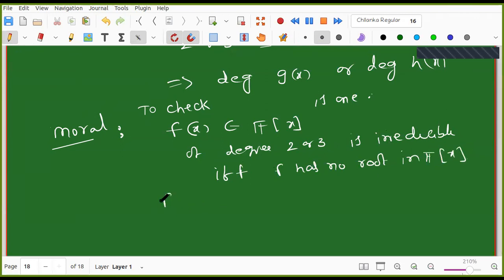Otherwise f(x) is reducible if and only if f has a root in F.